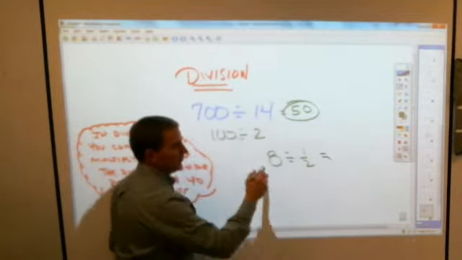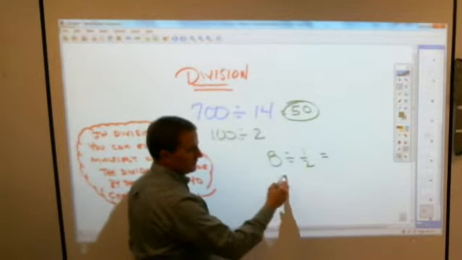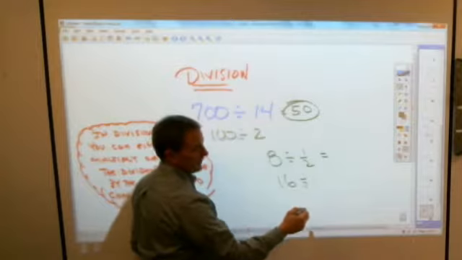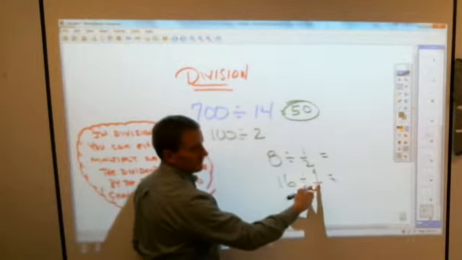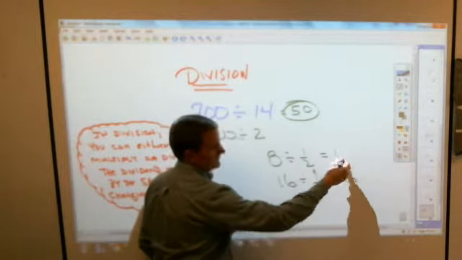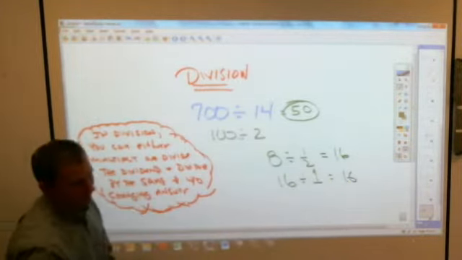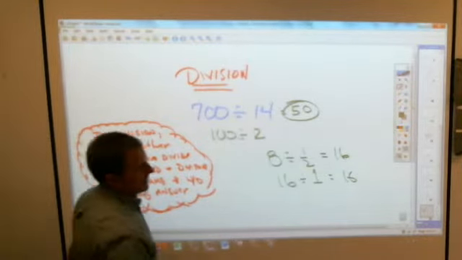A whole. So if I multiply both of these by 2, 2 times 1/2 is 1. What's 16 divided by 1? 16. Guess what 8 divided by 1/2 is? 16. It's the same thing.